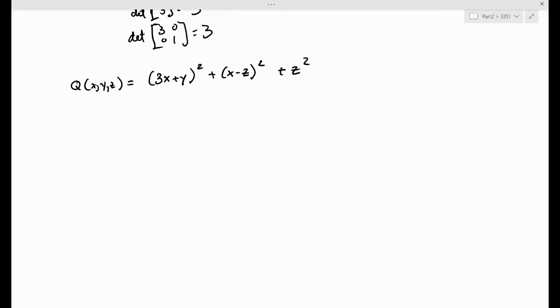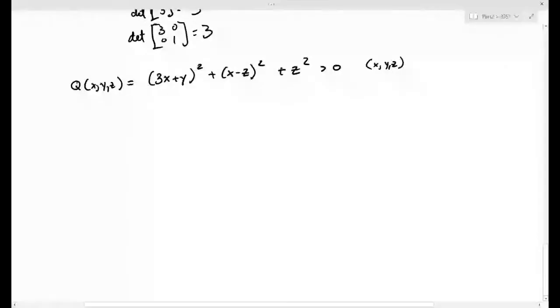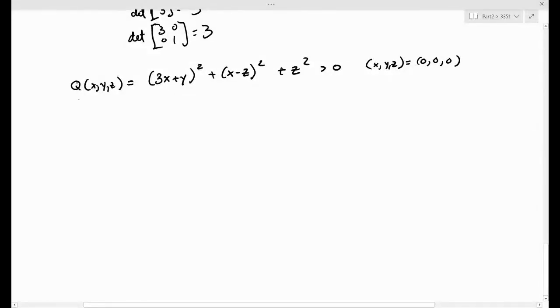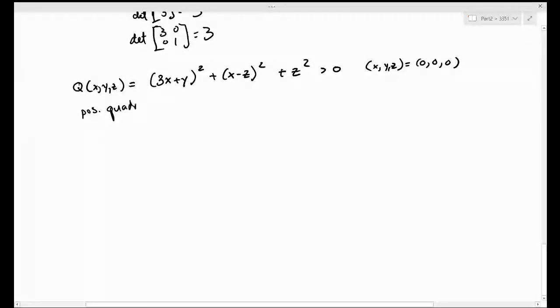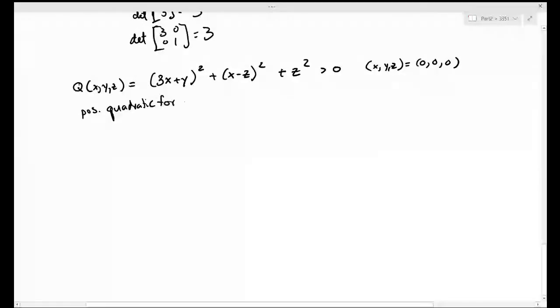Everything is being squared, there are no negatives there. And the only way this could be 0 is if we're dealing with x, y, and z all being 0. So this is positive for all non-zero points. So this is a positive definite quadratic form.